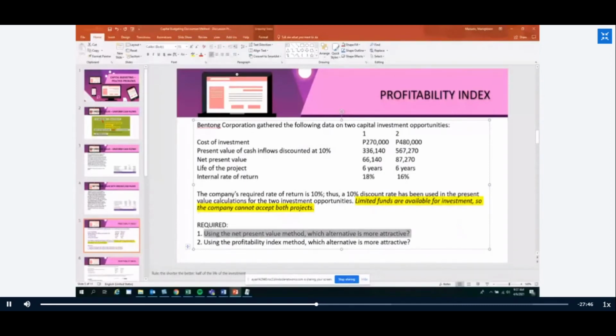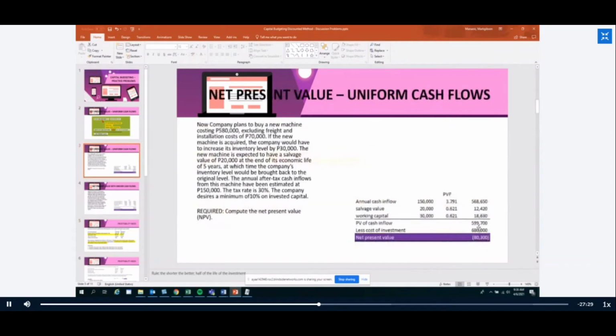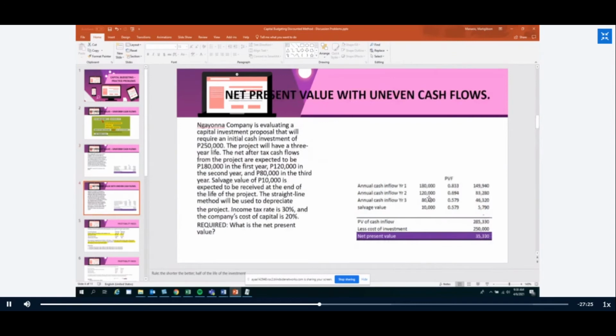Ito class, ito lang yung ginawa natin kanina pero in this case, provided na. Ito yung net present value. O ngayon, tanong ko lang, yung dalawa kanina, ang net present value natin is negative. Ang sabi ko, reject. Pero dito sa pangalawang example natin, positive. So sabi ko, accept or proceed with the project.